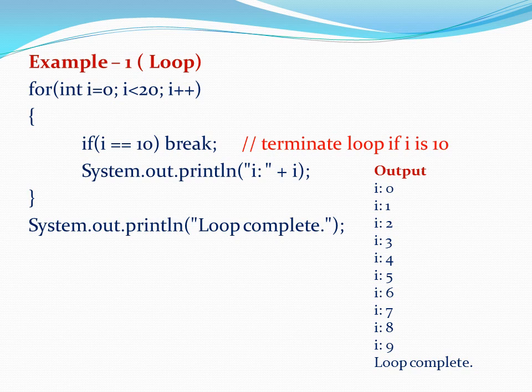See the output. First the i value is 0, so it displays 0, and then 1, 2, 3 up to 9 it displays, and when it reaches the i value 10, it breaks the loop and displays the text loop complete. So this is one form of using the break statement.